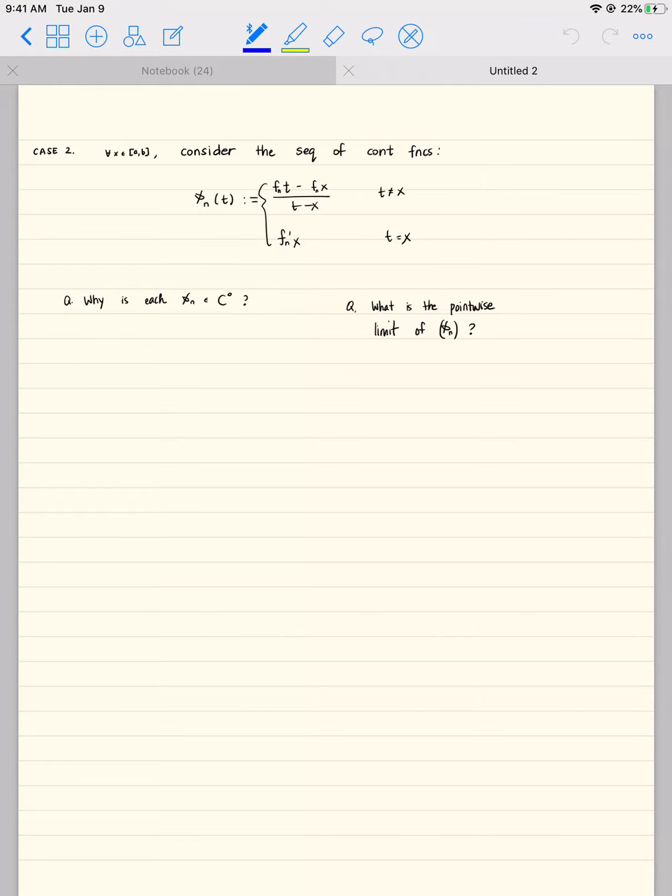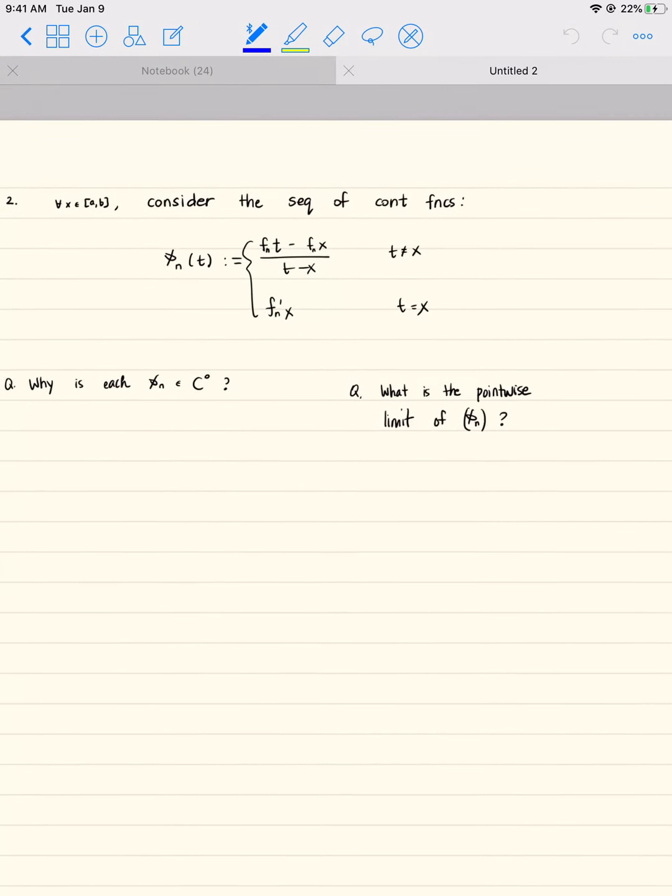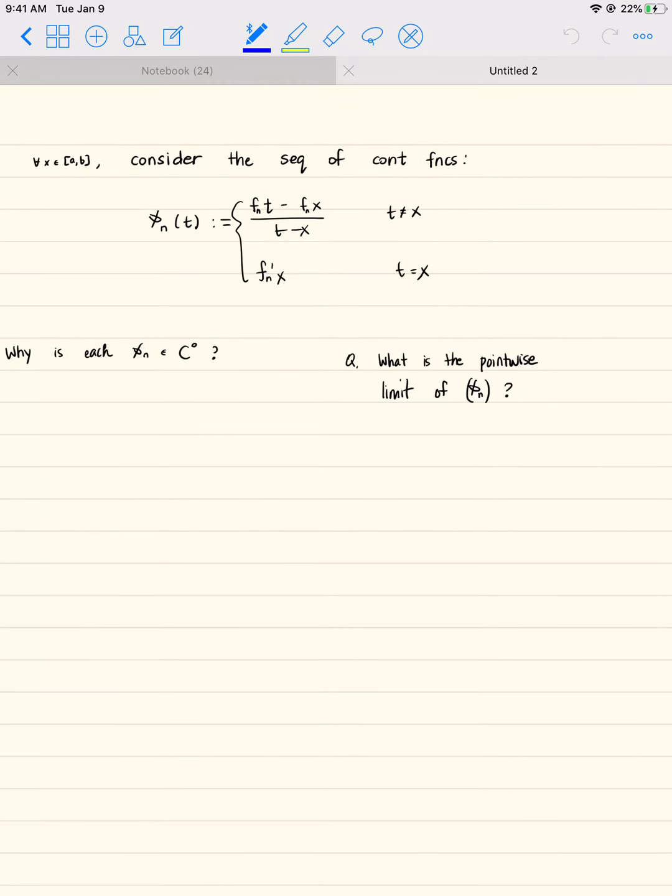So suppose we do not know that all of our derivatives are continuous. What do we do? Well, in this case, we're going to form the following helper functions. So you fix x in [a, b], and then you're going to form this sequence phi sub n of functions from [a, b] to R, and phi sub n takes t and sends it to fn prime of x.